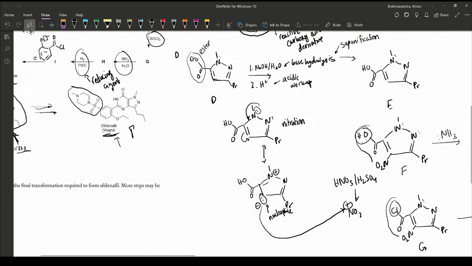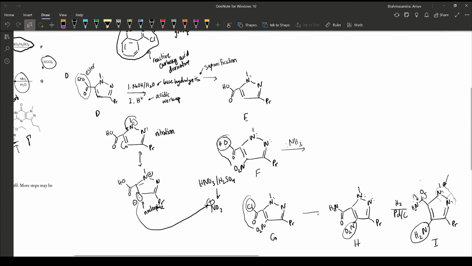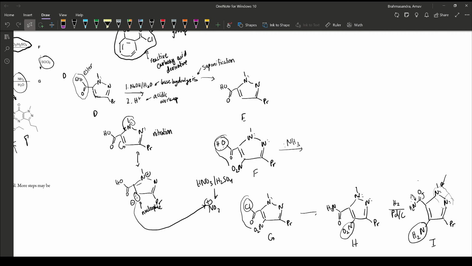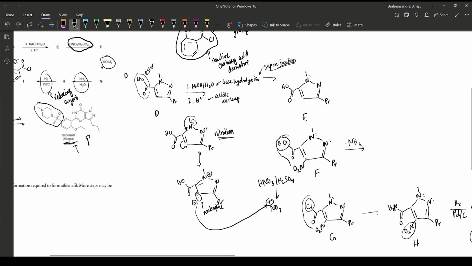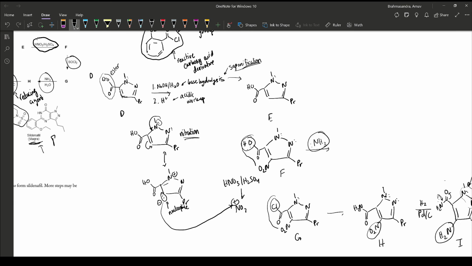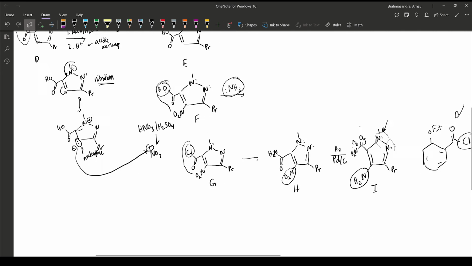So hopefully this wasn't too bad. All of these reactions, you should have known them, right? They shouldn't have been really obscure reactions. You should know things like saponification, base hydrolysis, nitration, the idea of replacing groups on a carboxylic acid derivative, and that hydrogen is a reducing agent.